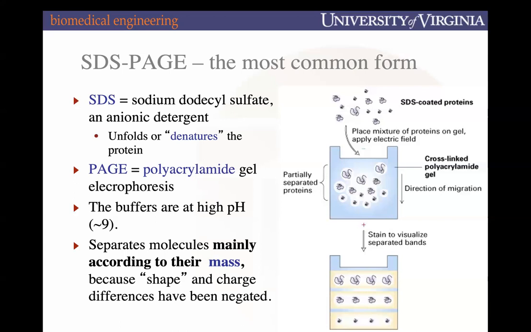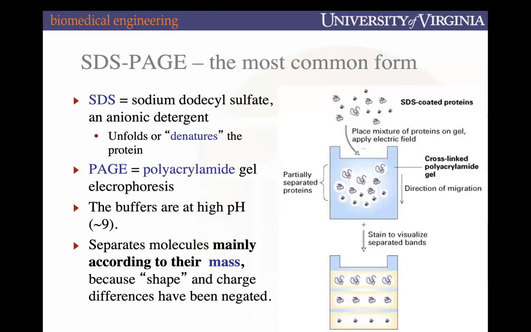So the SDS accomplishes 2 key things here. It provides a negative charge to the protein so that it can flow with the electric current across the gel. And it also further helps to unfold and denature the protein, because if there's a negative charge next to a negative charge, they're going to be repelling each other and helping to spread it out.